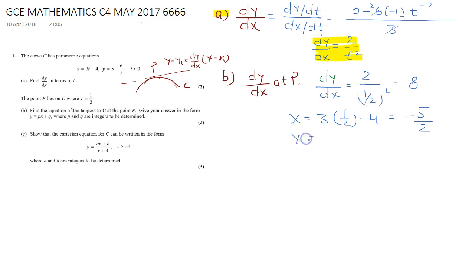And y will be 5 minus 6 over t. t is half, so that is 5 minus 12, which is negative 7.